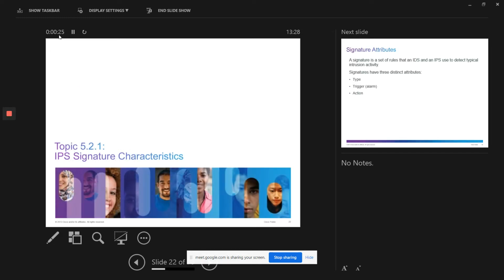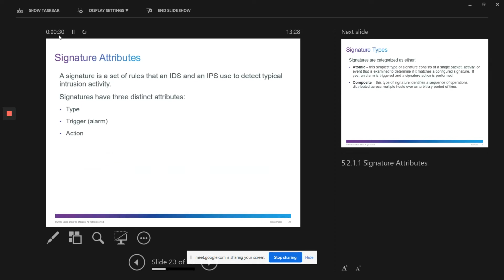First of all, IPS signature characteristics. A signature is a set of rules that an IDS and an IPS use to detect typical intrusion activities. I think in one of the presentations we discussed how Cisco monitors all the attacks which happen globally.